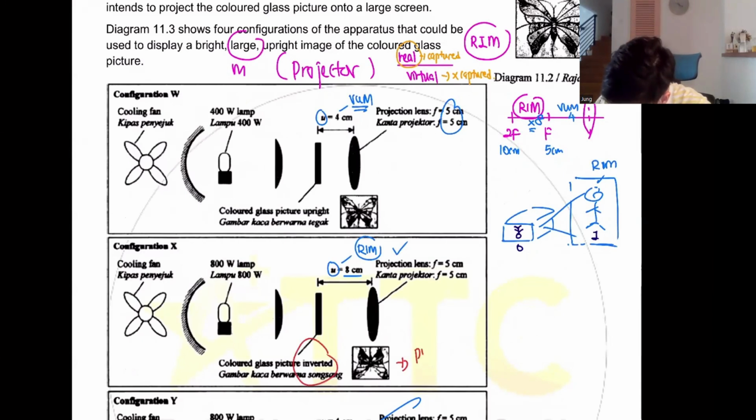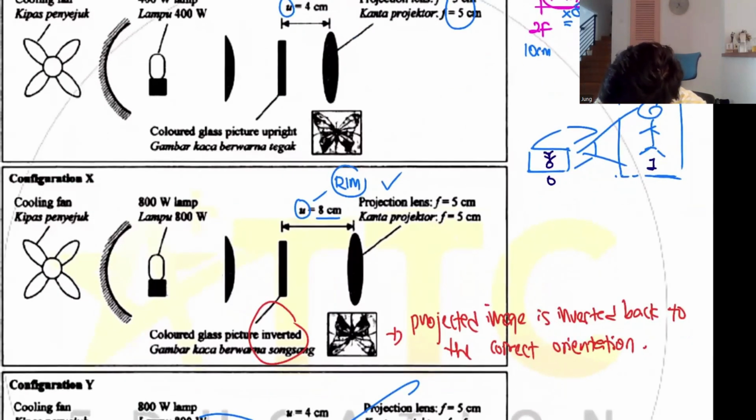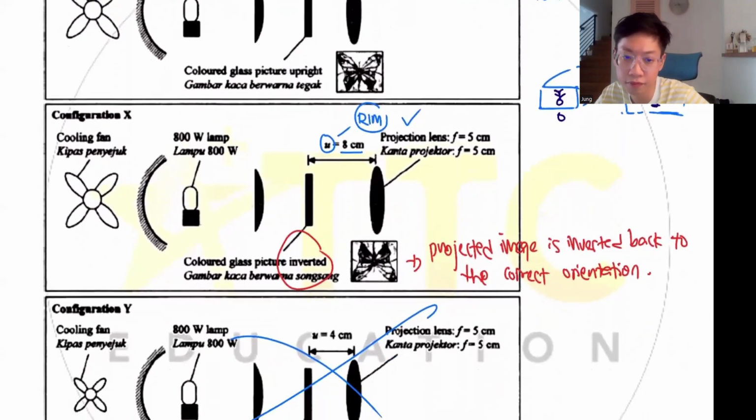So that the projected image is inverted back to the correct orientation. Means basically you flip it back to the correct orientation. Understand? So you basically project it back to the correct orientation.